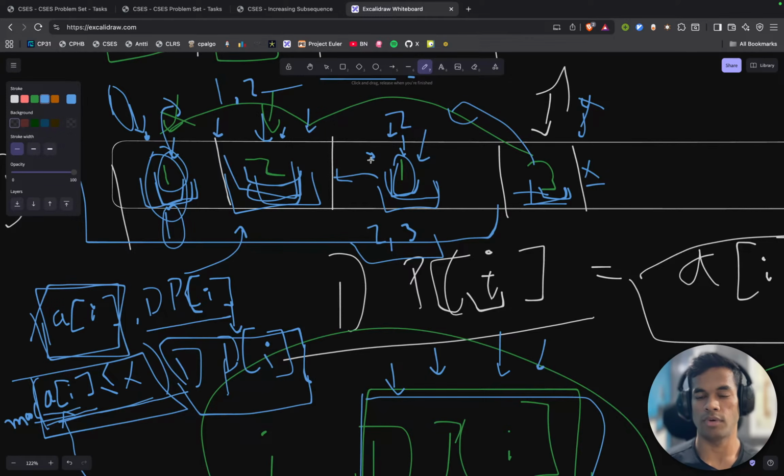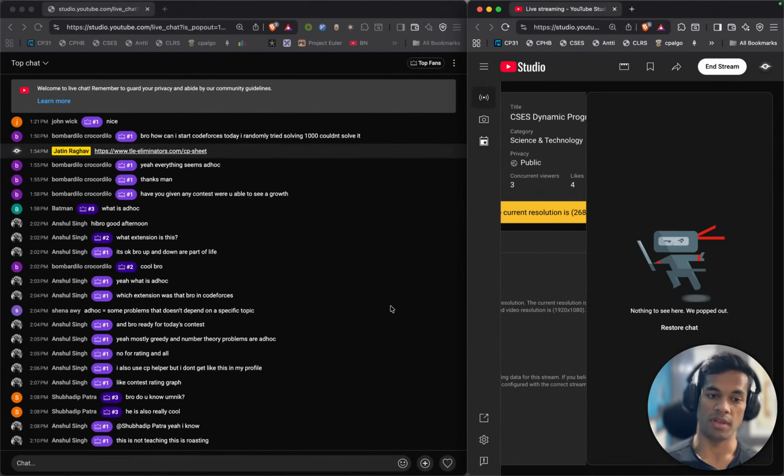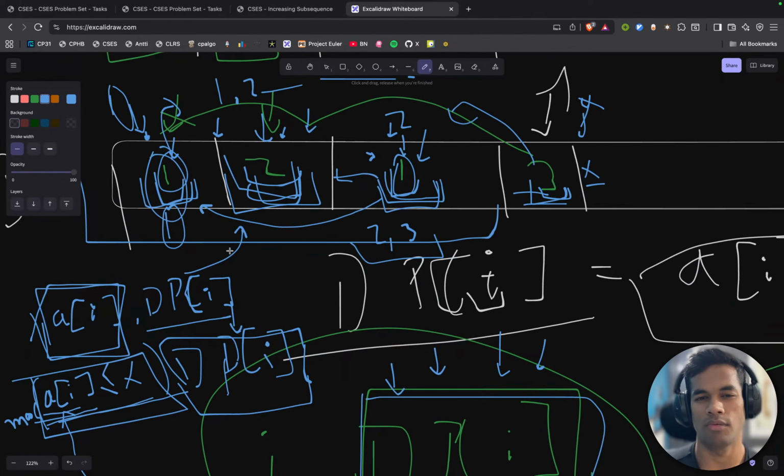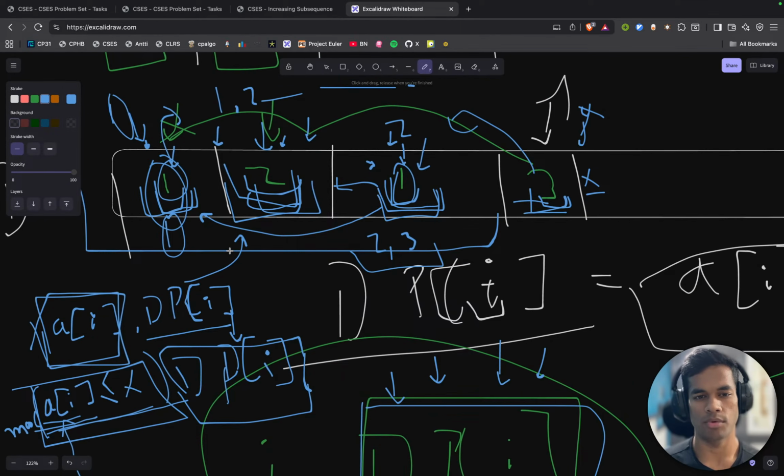And when I see 1 again, this one can be paired up with this. And now, okay, gears are turning. I'm trying to think of a logarithmic time approach for finding the best choice possible.